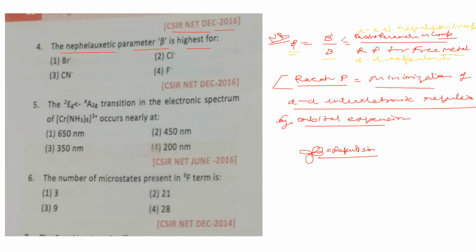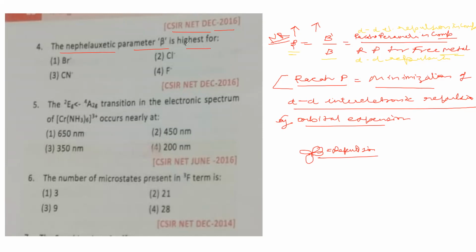So beta is B dash by B, that is, the dd electronic repulsion in the complex and the dd electronic repulsion in the free metal; the ratio of these two is the nephelauxetic ratio or nephelauxetic parameter. In this case, if B dash is increased, then automatically beta will also be increased.